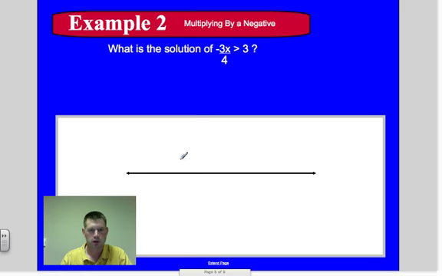Well, let's look at one that is multiplying by a negative. In this case, we have negative 3x over 4 is greater than 3.